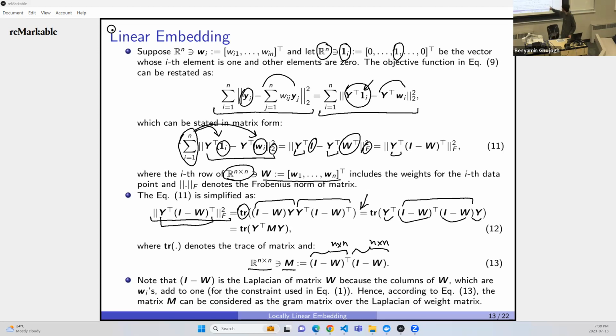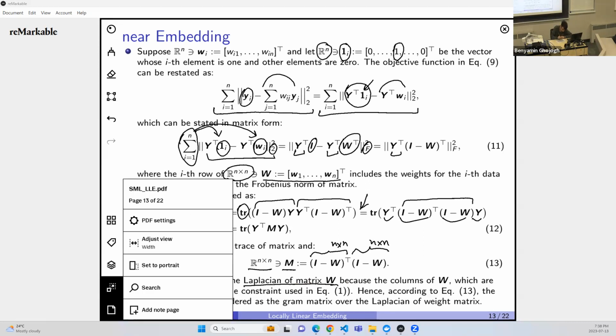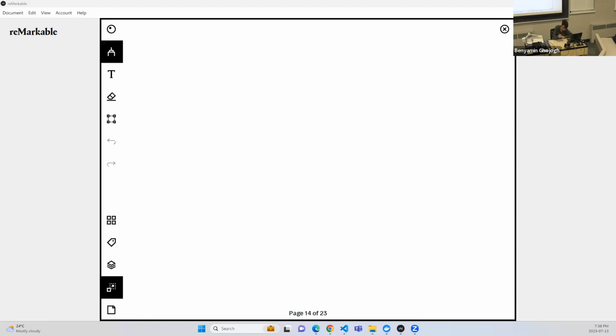Interestingly, equation 13 is very interesting. Why? My identity minus W is a Laplacian matrix, Laplacian of matrix W. Why? What is Laplacian? Let me tell you something here. Assume I have some matrix X, doesn't matter.